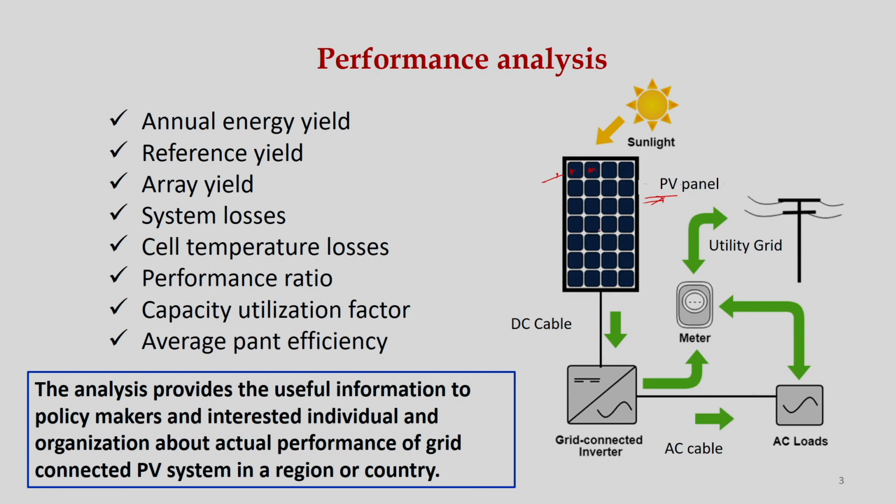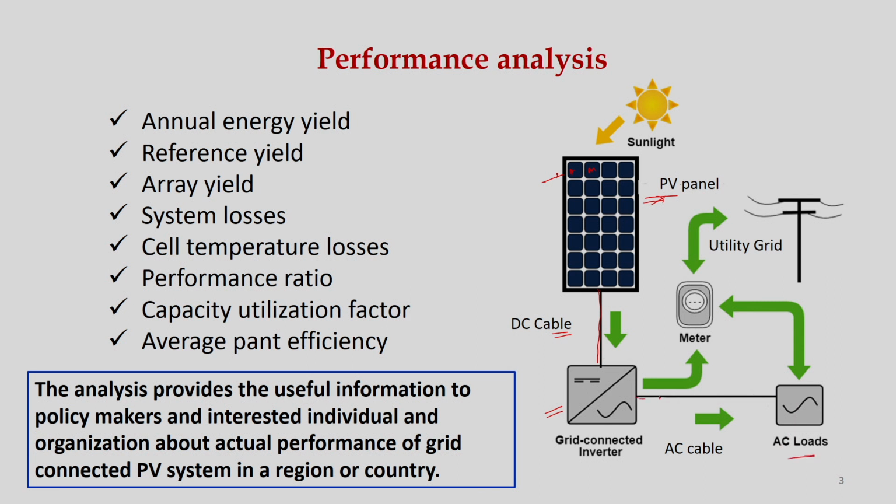Solar radiation falls on these PV modules and then DC current is generated. That has to be transmitted through DC cables. If we have to convert this DC current to alternating current, we need a grid inverter, or inverter, and then the load is connected somewhere.